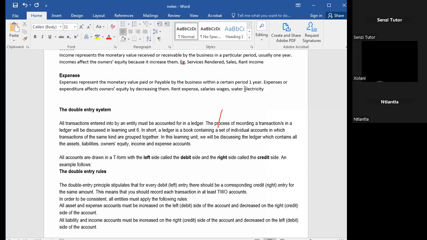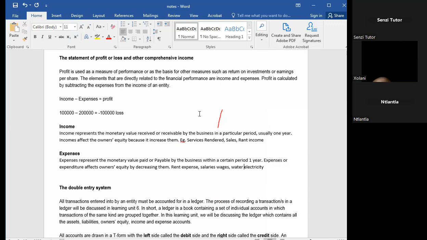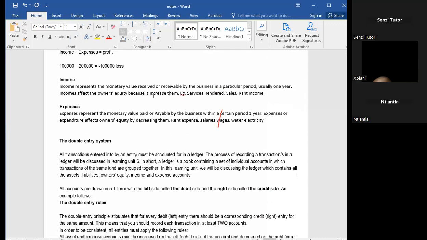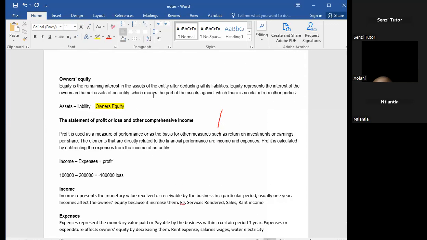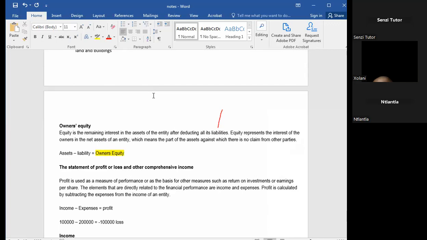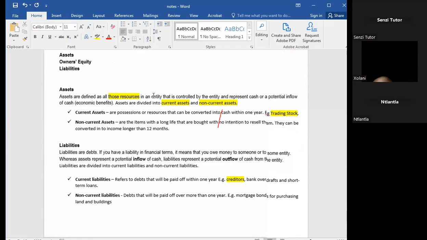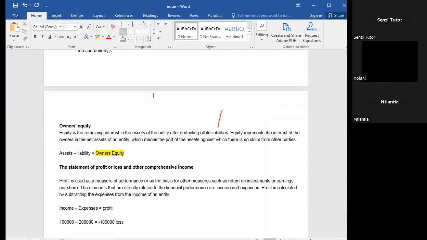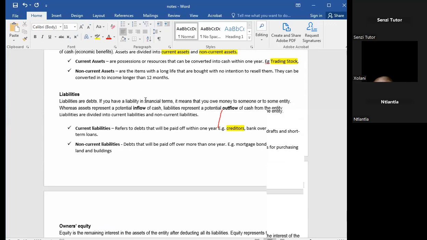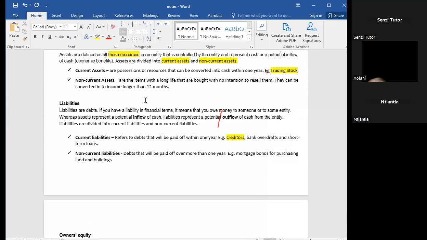Okay, thank you so much, guys. Now we have done about all the elements of financial accounting or financial statements. Remember, we have the main statements: a statement of financial position and also a statement of profit and loss and other comprehensive income.